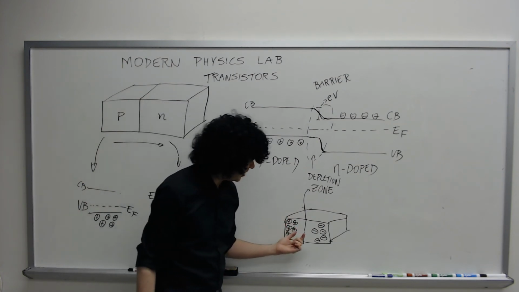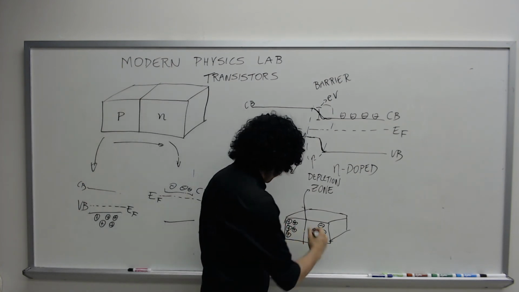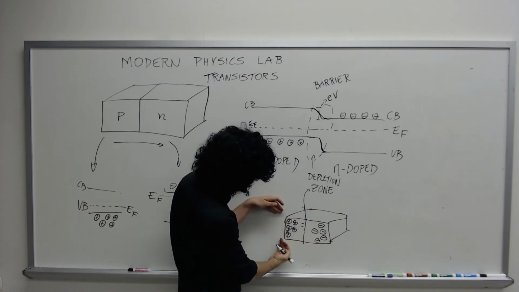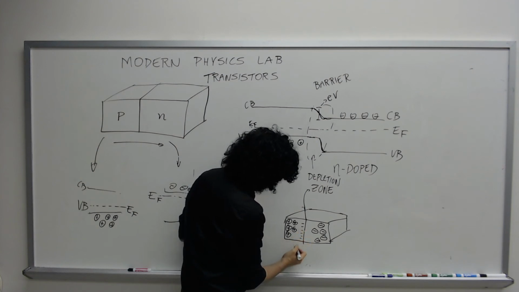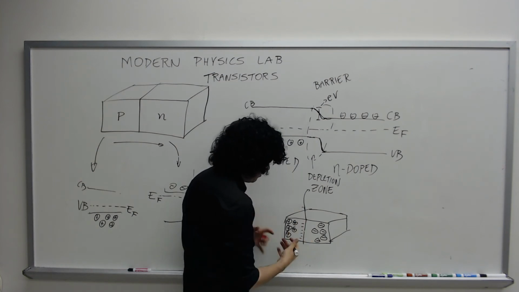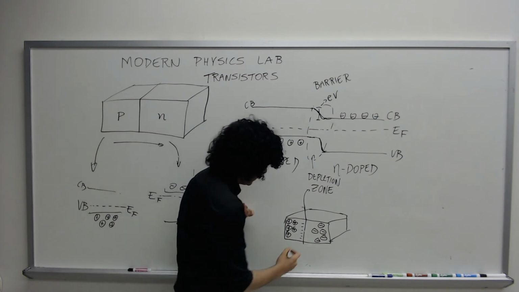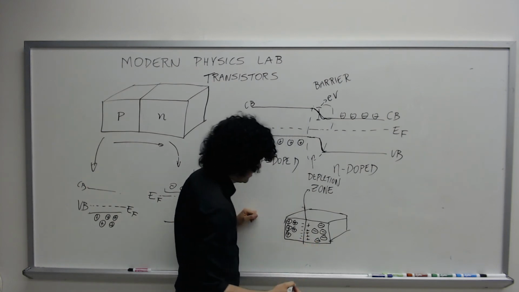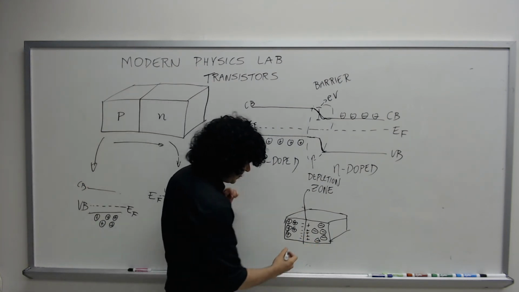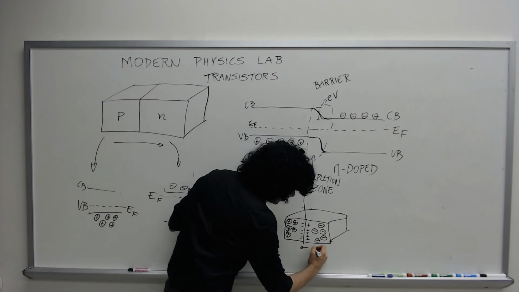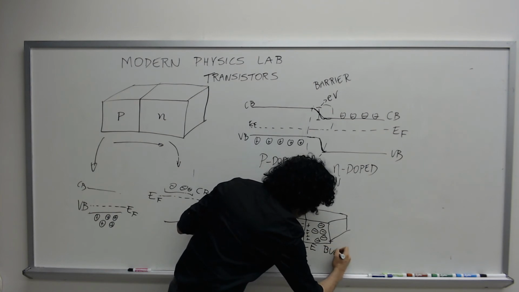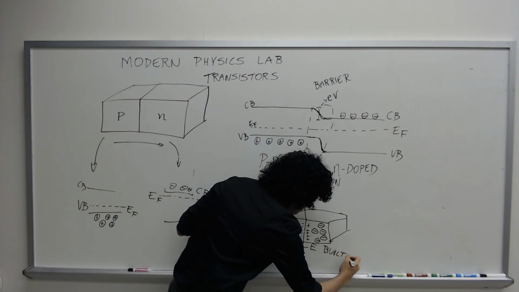That means that the core atoms, if the holes have moved this way, this region will become negatively charged. The core atoms are negatively charged. And if the electrons move this way, this region will become positively charged. So there is a built-in electric field in this depletion zone.